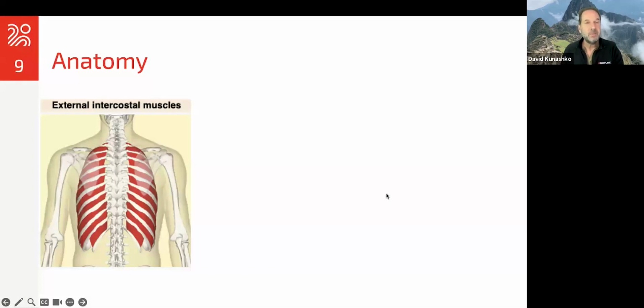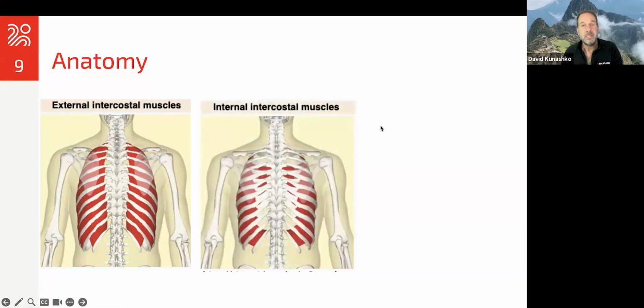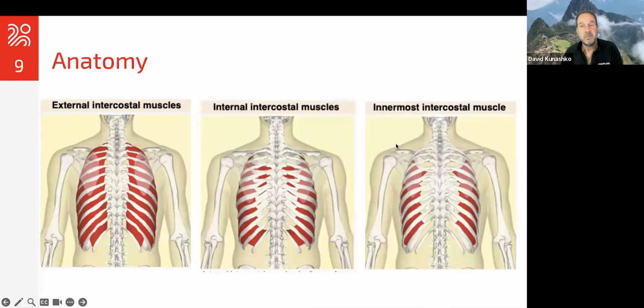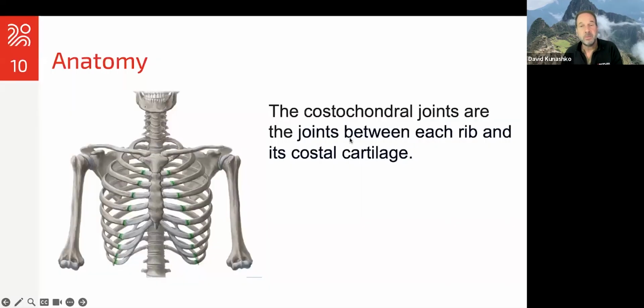There are three types you'll see here: the external intercostal muscles, which are at different angles as well, the internal intercostals, and then the innermost intercostal muscles. Again, these help the ribs to expand and move during breathing, either moving closer together or farther away, depending on what's going on.